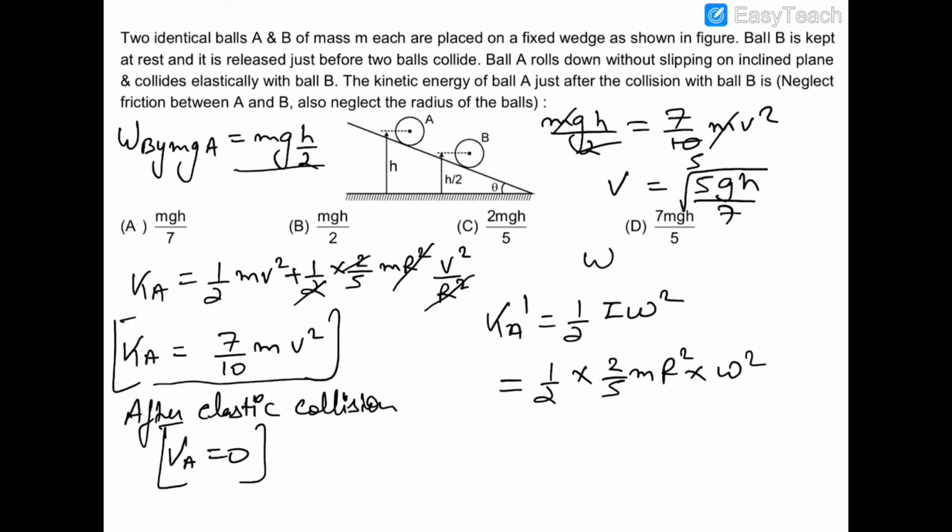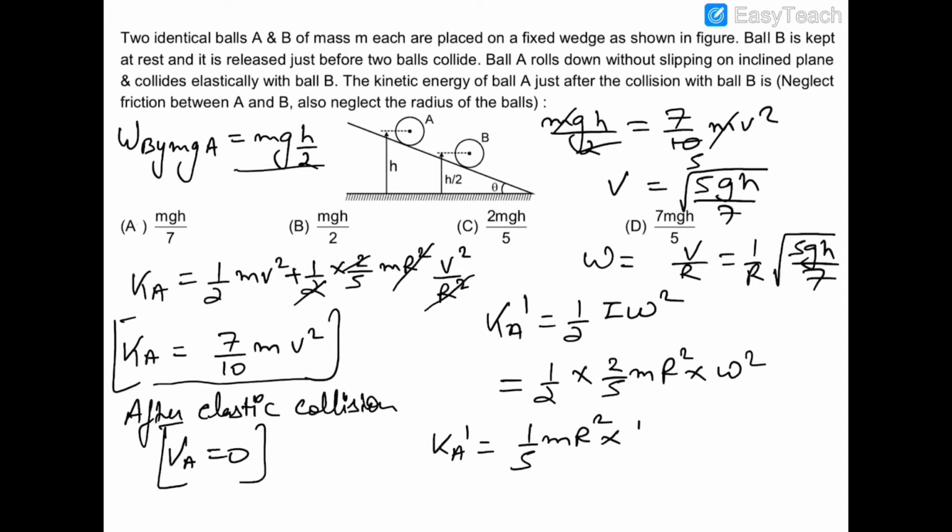Okay, so omega will be equal to v upon r, which is 1 upon r under root 5gh by 7. So if we substitute the value of omega in K dash, then it would be 1 by 5 m r square into omega square, which is 1 upon r square into 5gh by 7. So cancelling this r square with r square, 5 with 5, the kinetic energy of A will be mgh by 7. So the correct answer would be option number A.